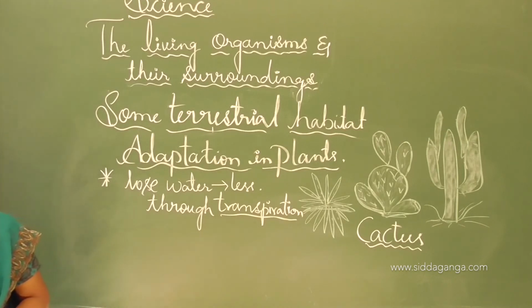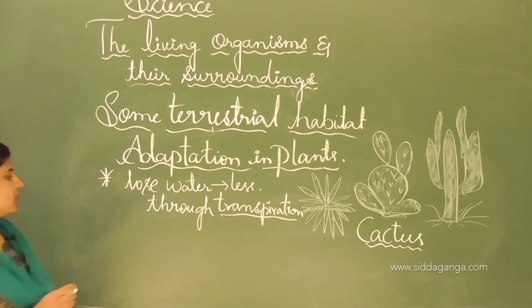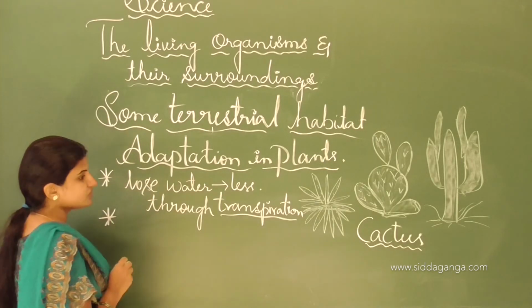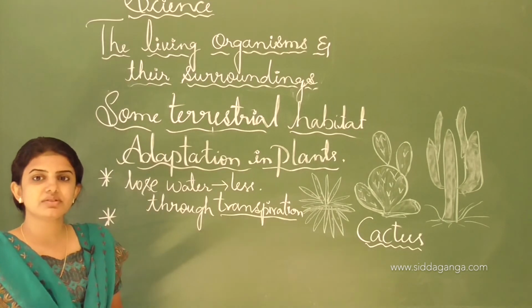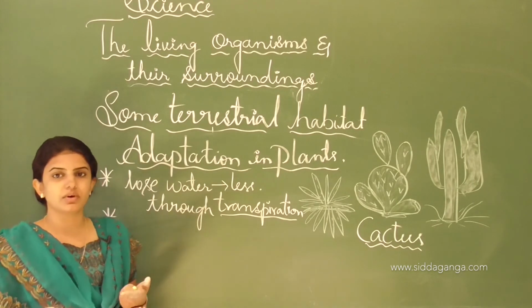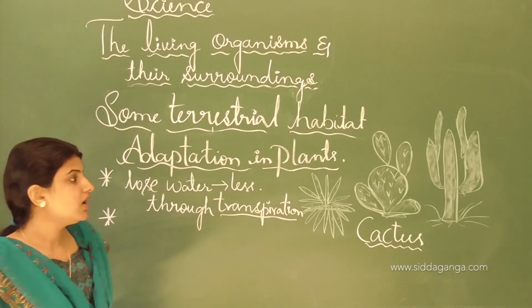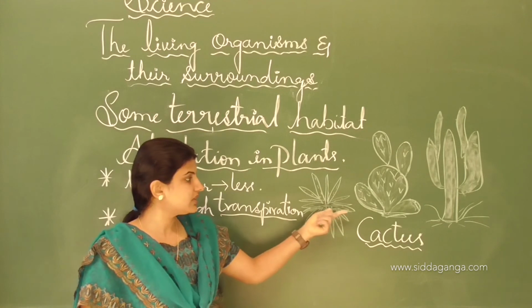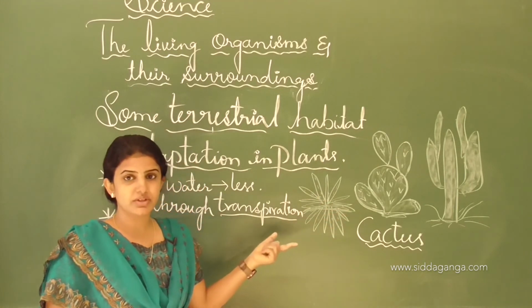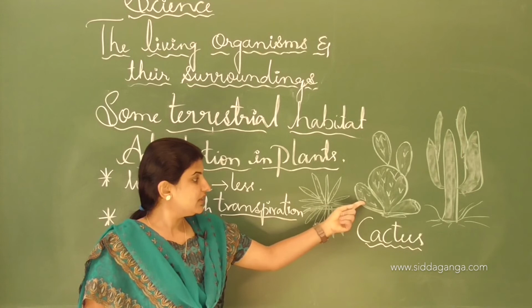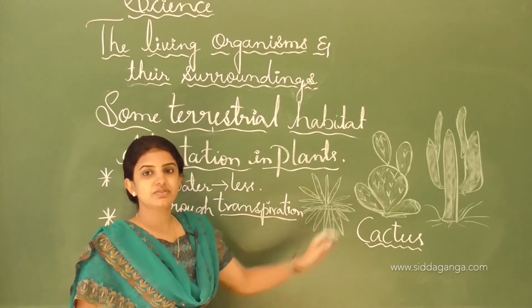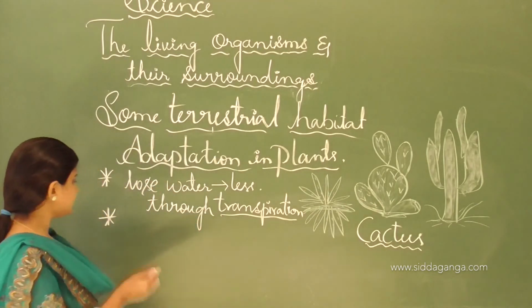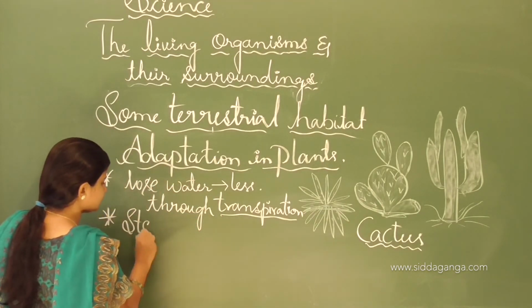And next one is that photosynthesis is carried out by the stem. See, here also photosynthesis takes place. I told you many times that the leaf is the kitchen factory of a plant where photosynthesis takes place. In the desert climate, the plants grown in such a climate have their leaves modified into spines, and thereby the leafy-like structure which we see is the stem, and here the stem will carry out the process of photosynthesis.